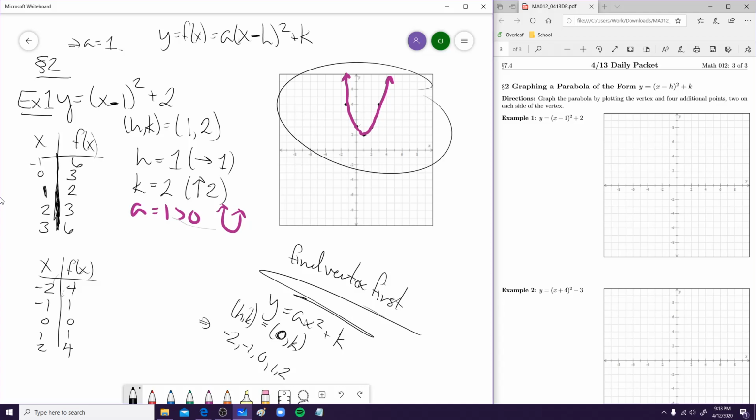So this is our final graph. So you actually don't have to circle it, not even on the test, okay? Because it'll be very clear what your final graph is, because normally I'll say final. So this is how you graph a parabola of this form.